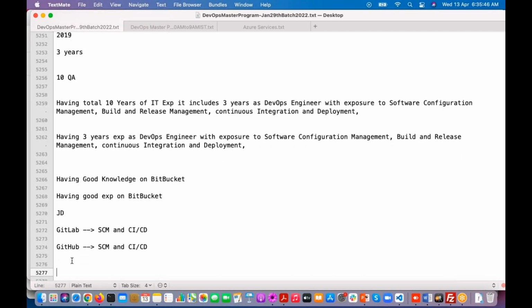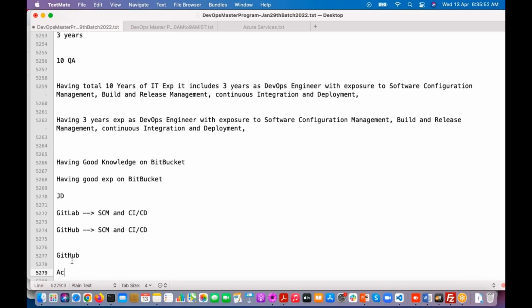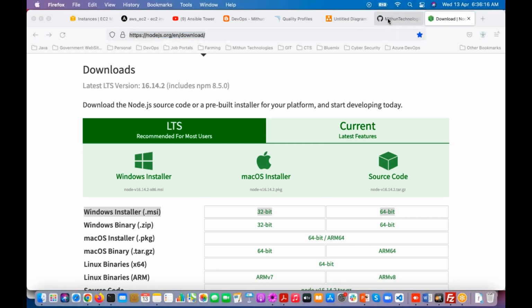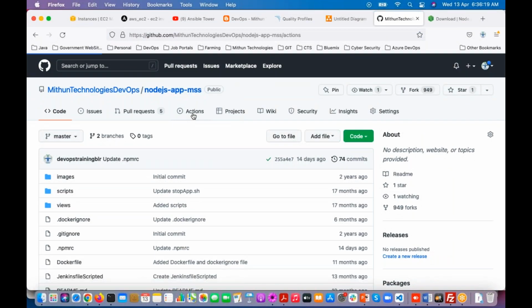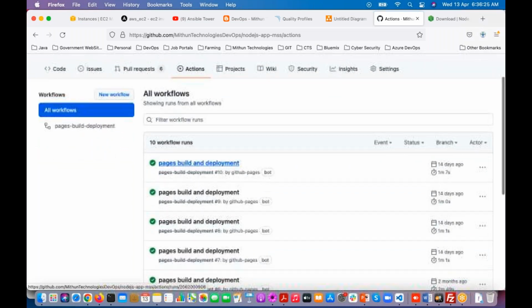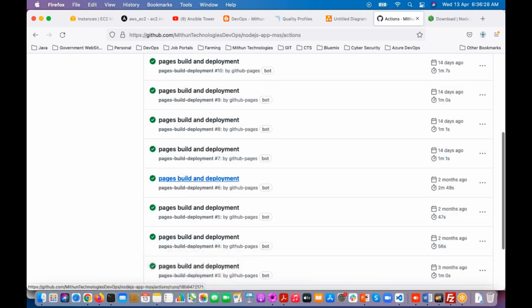You know, in GitHub, if you go and see the repositories, there are actions, GitHub Actions. Using GitHub Actions, we can do the build. We can create the packages, and we can deploy, right? If you see any repository, using these actions we can do the build and deployment also.